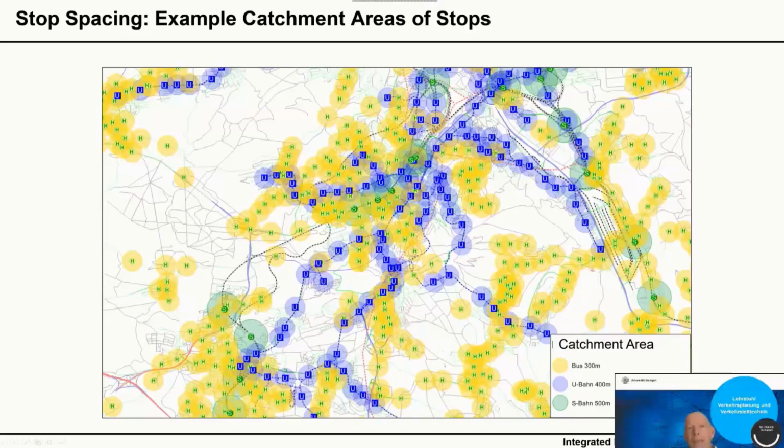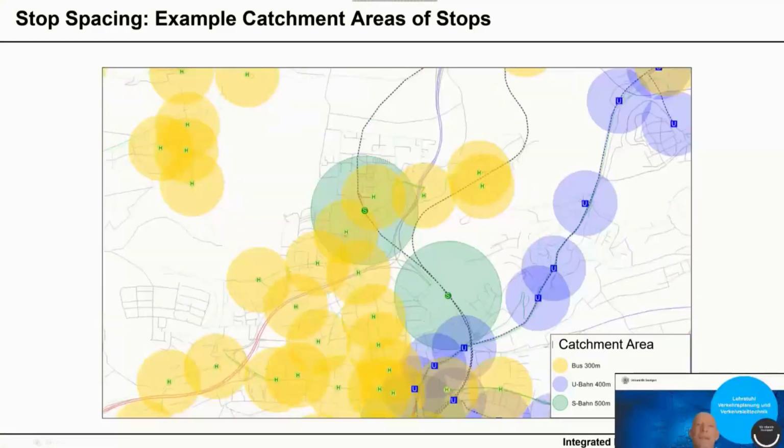And you may find certain places, for example, up here, where you see, okay, here we have people who need to walk longer than 300 meters to get to a bus. This is the university campus, where my university is. We have an S-Bahn station and bus stations, but there are parts of the campus where you need to walk quite a bit.